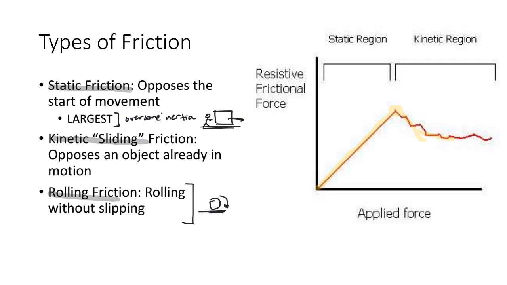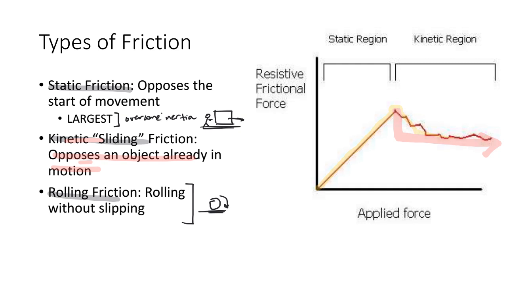An idealistic graph, instead of looking like this, might look something more like this. You can see that there's a sudden drop in this area, and then a smaller amount of friction. And that's kinetic or sliding friction. That's opposing an object already in motion. And you can see that it's less.